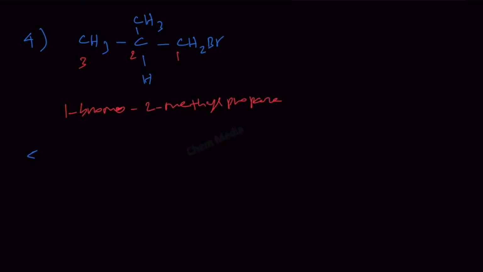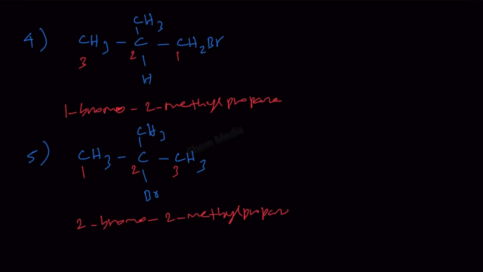And then number 5, we can also write 2-bromo-2-methylpropane, and that is CH3 C CH3, and then at the same position Br, and then CH3. Either way we can number it for this case. So this is 2-bromo-2-methylpropane. We are writing bromo first because as per alphabetical order it should come before methyl. So that's why we are writing the bromo substituent first.